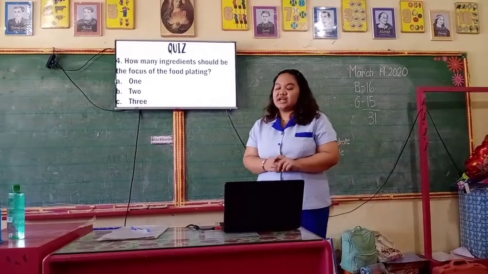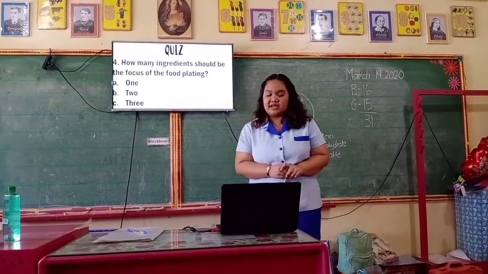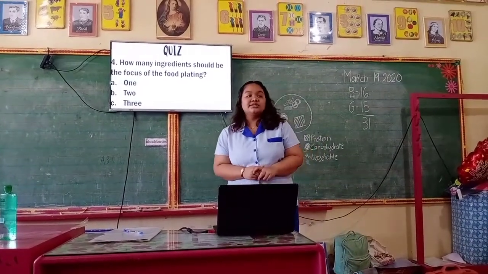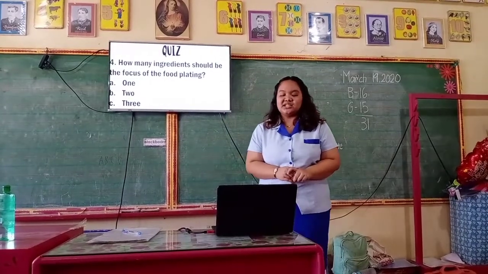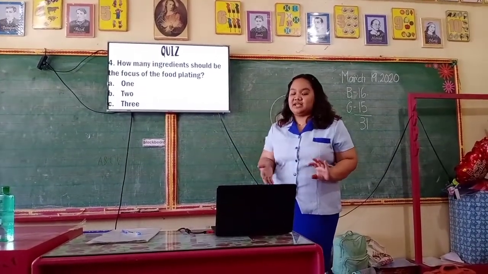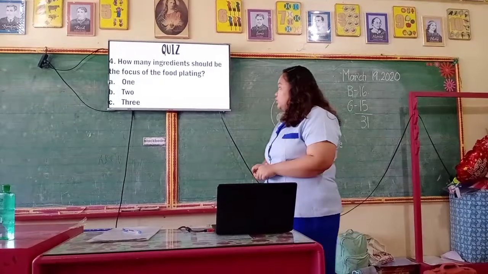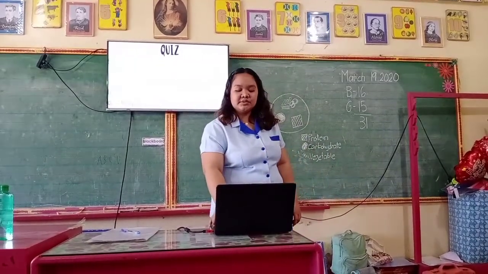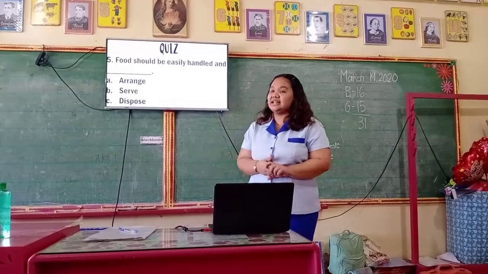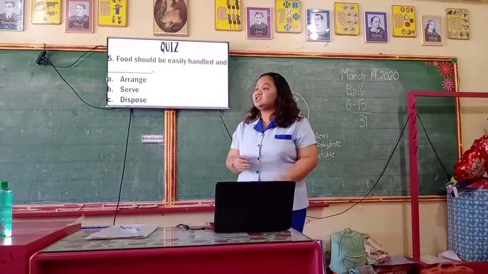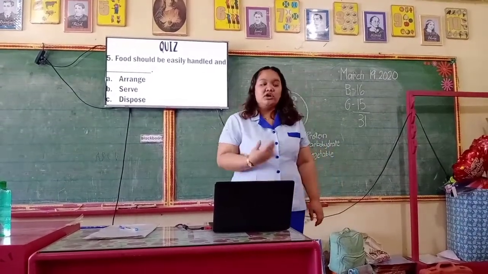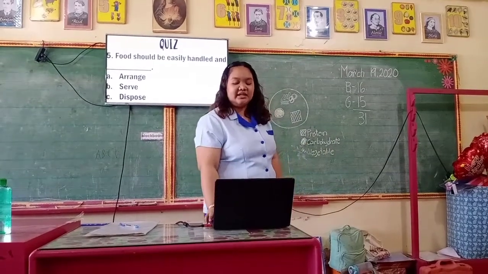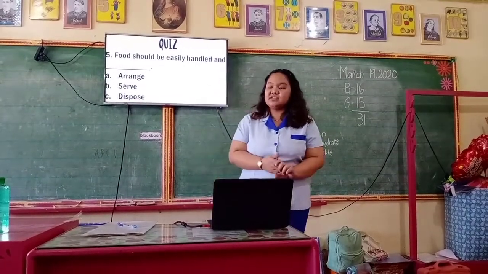How many ingredients should be the focus of food plating? A. 1. B. 2. C. 3. Number 5. Food should be easily handled and A. Arrange, B. Serve, C. Dispose.